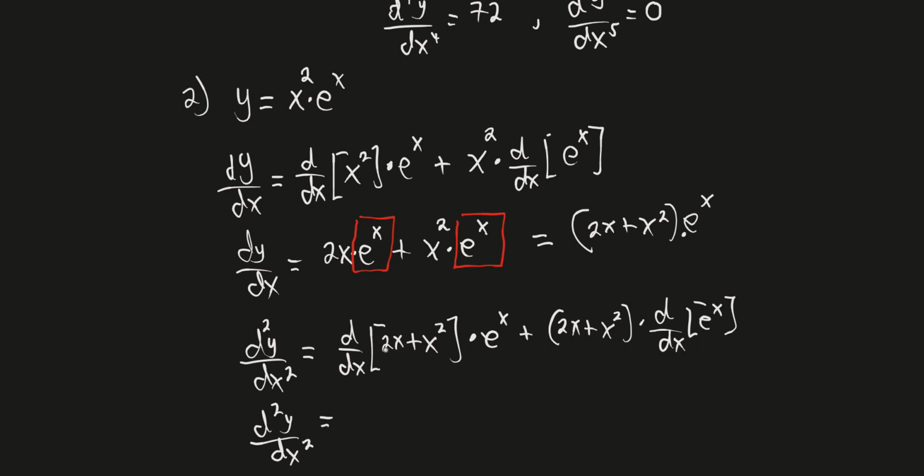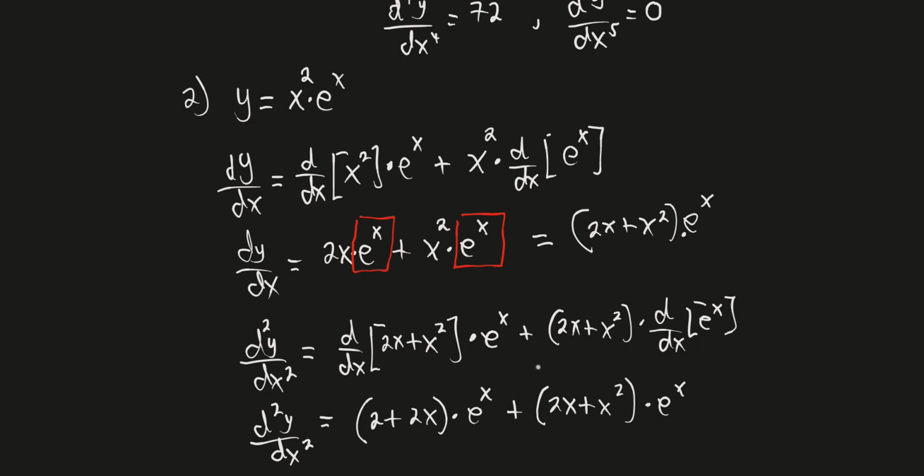So when I take the derivative of 2x plus x squared, I will have the quantity 2 plus 2x, times e to the x, and then plus the quantity 2x plus x squared, and the derivative of e to the x, again, is e to the x.